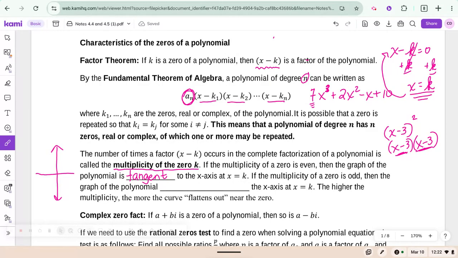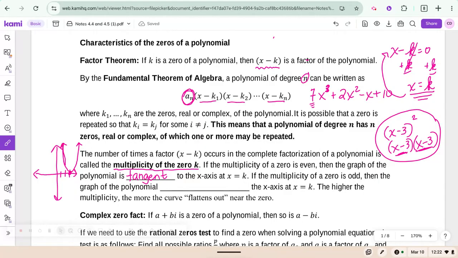Think about our x squared friends, our quadratic functions. Quadratic functions, when we graph them, look like a parabola. If you had a factor repeating, such as this example over here, then at x equals 3, what would happen is the graph would be tangent there. So it would look something like this.